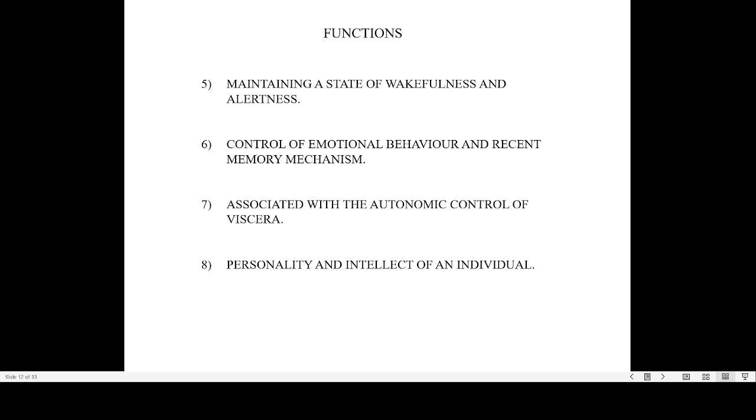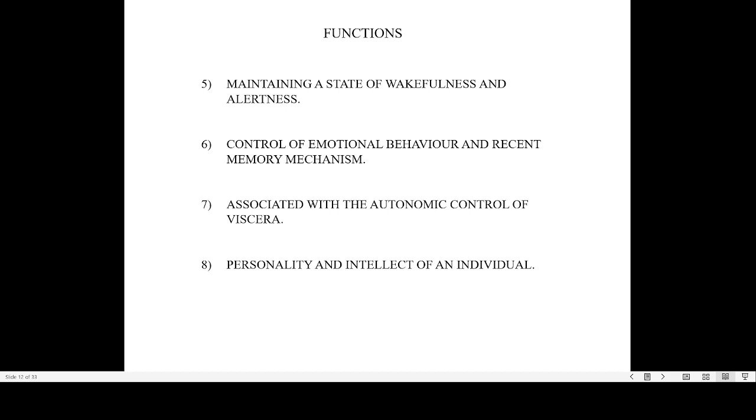And also it controls emotional behavior and recent memory mechanism. Whatever the recent memory, it stays in this thalamus region, then it is transferred to the permanent center. Then it is associated with the autonomic control of the viscera, that is organs.